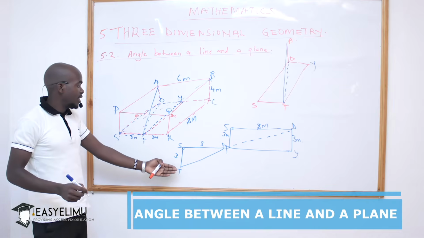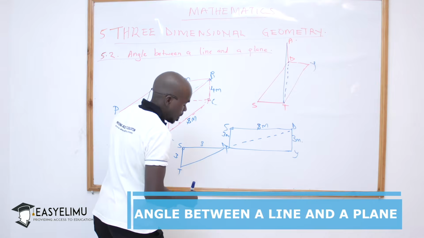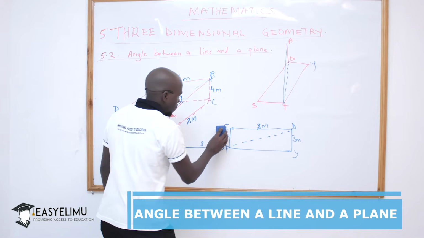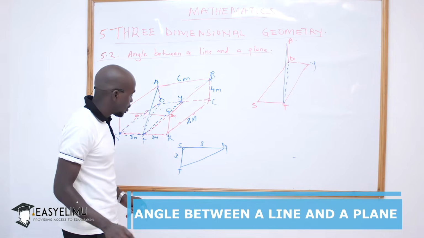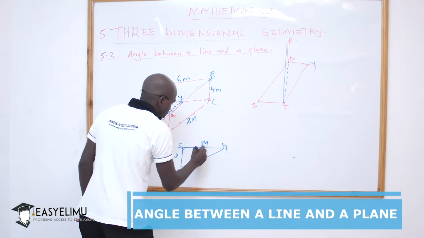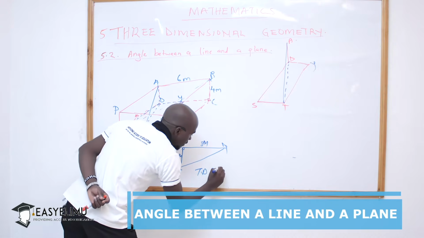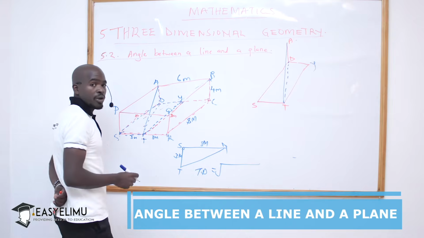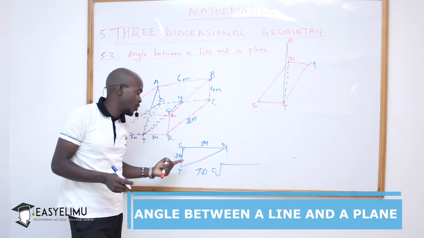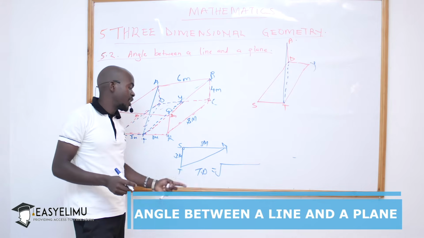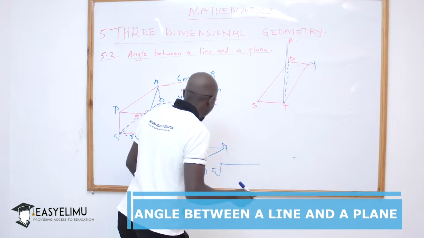From here we can deduce their diagonal very easily by taking the Pythagoras theorem. To find TD is the same as finding the square root of, from Pythagoras theorem, we remember we said if you take A squared plus B squared, you should get C squared. But if you need C, you find the square root of the two added squared sides.